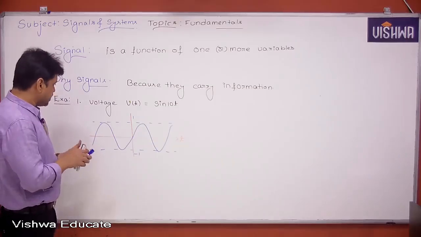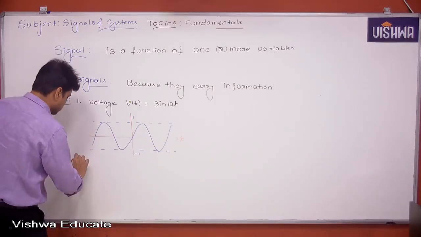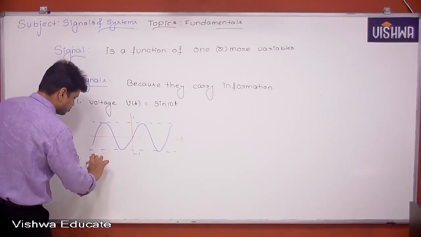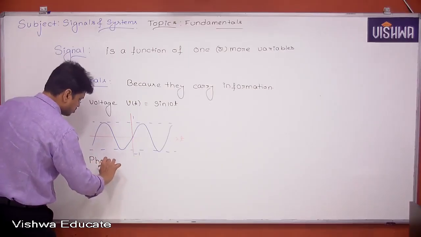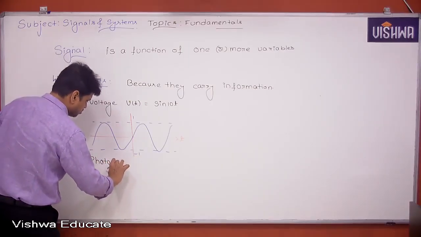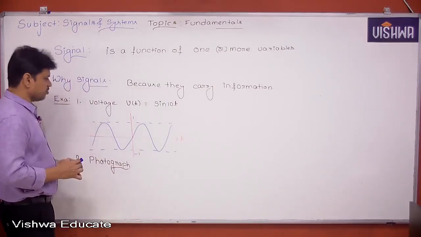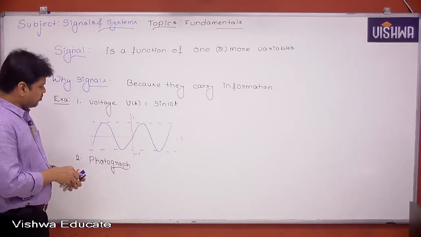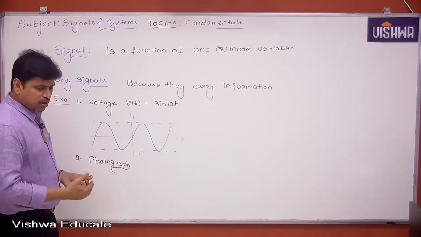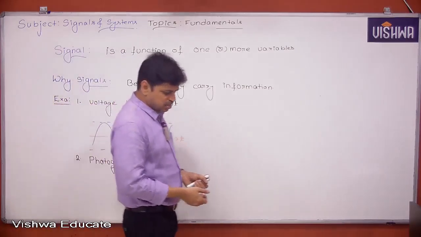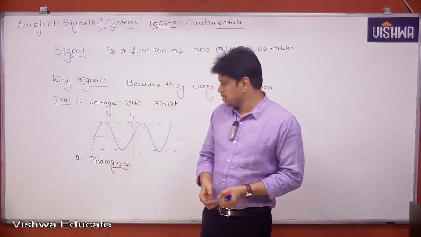Next, let's take another example, the second one, a photograph. What can we say about a photograph? Can I call a photograph a signal? Of course, it is a signal.